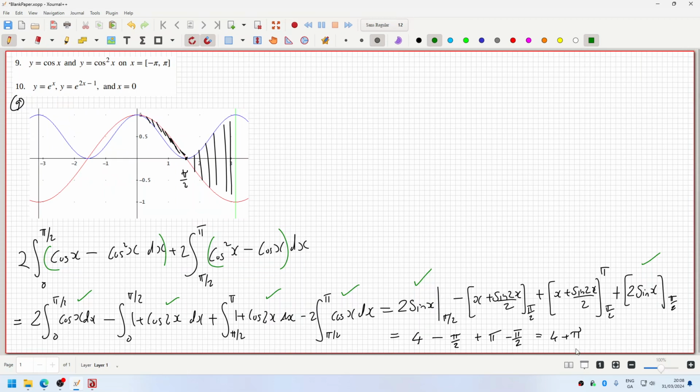So, yeah, I think mine is wrong. This extra pi, which is annoying me a lot. Cos x minus cos squared, and cos squared minus cos.